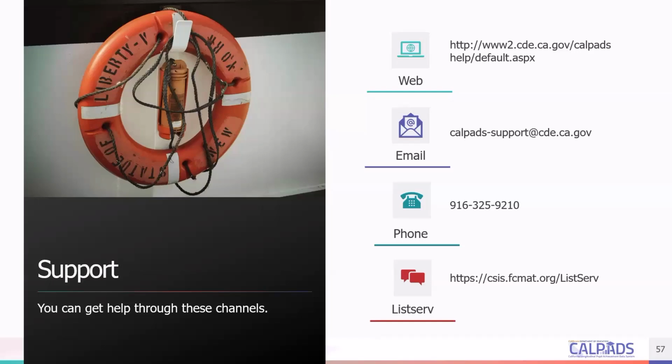That level of expertise with your local systems, you can find information on the CSIS FigMat listserv. It's a valuable tool. So if you're new, I encourage you to sign up for the listserv. You get to see the personality of your constituents or the other members of the field. It's a great listserv. It's a great community, and it's ever expanding.